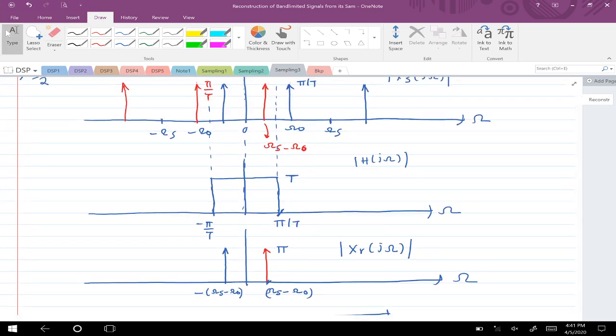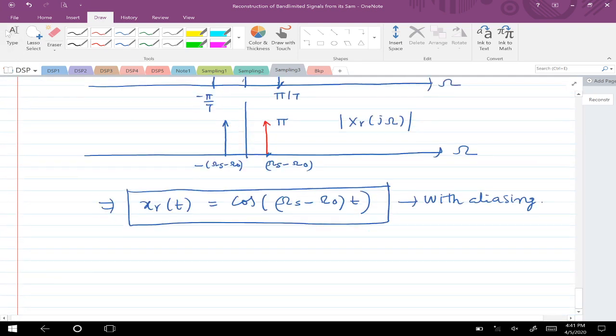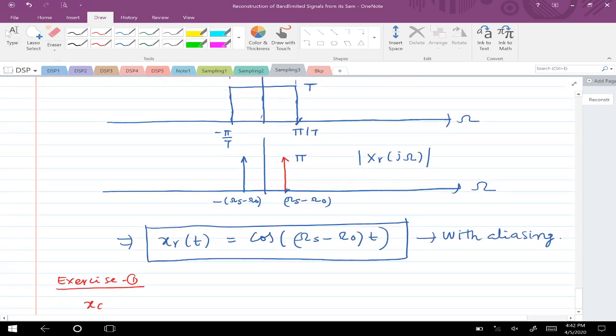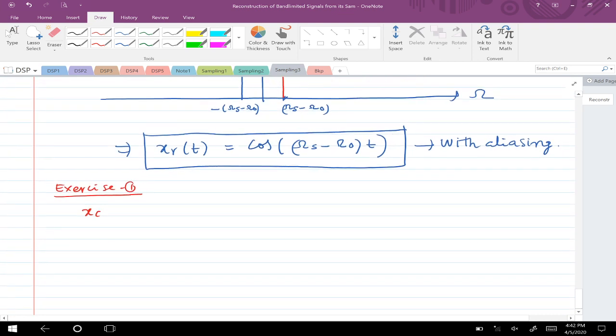This is the effect of aliasing, and let me now give you a couple of exercises to work out, which would make this concept a bit more clear. The first exercise: so far I haven't taken any numbers, so let me give some so that you will be able to see it in a less abstract way.